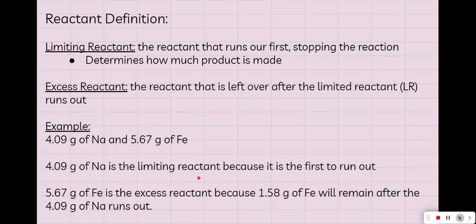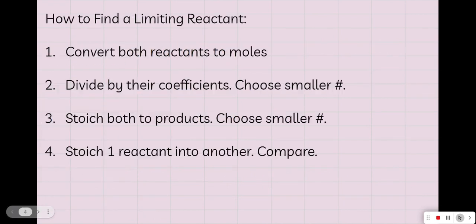So now we convert both of them to moles. Then we divide by their coefficients. Then we stoich both reactants to their products and choose the smaller number. And then our fourth step is to stoich the first reactant into another, and then we compare the two.